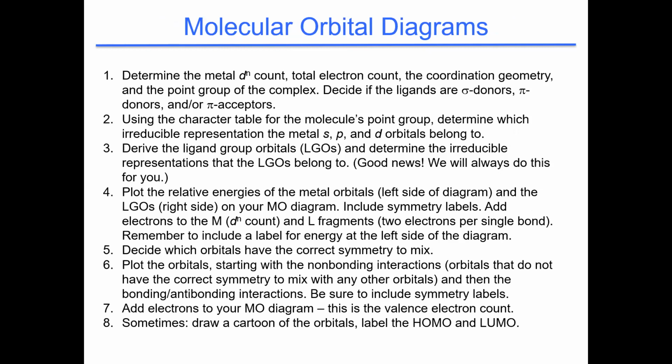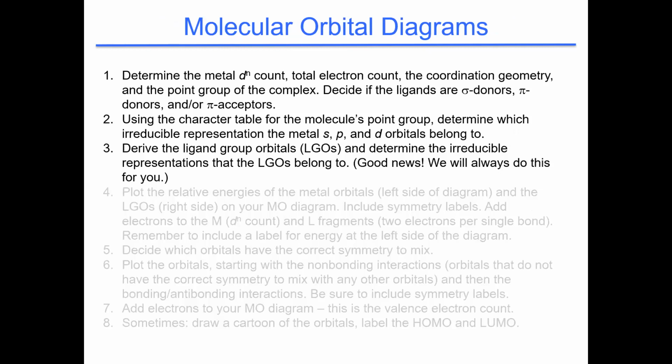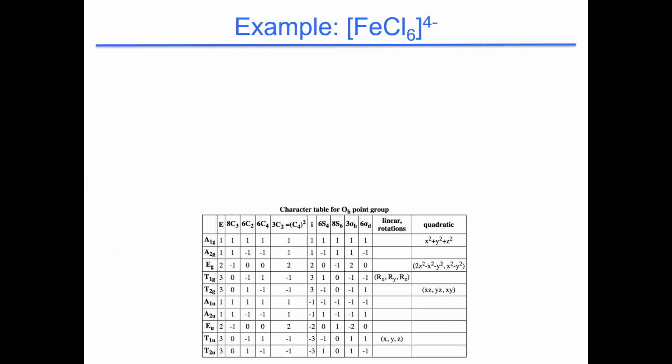Keeping in mind all of these steps that we discussed, let's look at an example. Our example complex is FeCl6 4-. The 4- charge on the overall complex suggests that the oxidation state of iron is 2+.